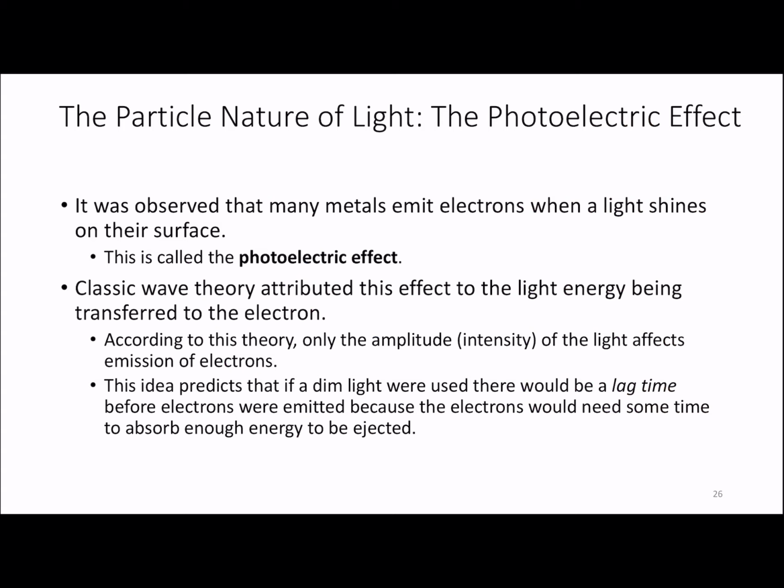Now, classical wave theory attributed this effect to light energy actually being transferred to the electron. So according to this theory, only the amplitude or the intensity of the light affects the emission of electrons. And the idea would predict then that if a dim light were used, there'd be a lag time before electrons were emitted, because the electrons would need some time to absorb the energy in order to be ejected.